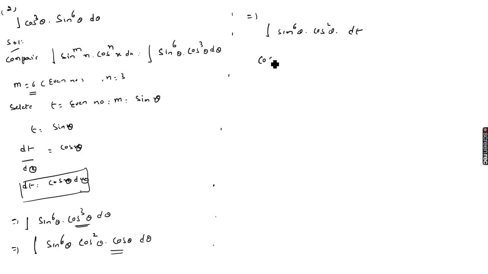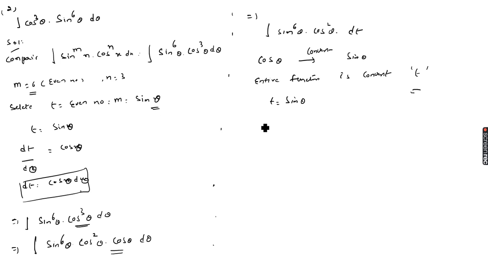Here the cos square theta is converted into sin theta form, because the entire function must be converted into the form of t. The t is equal to sin theta.